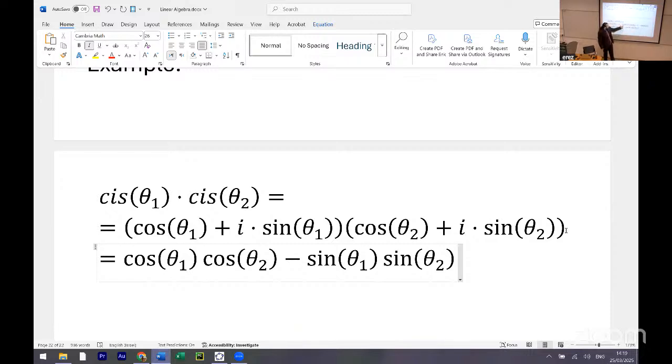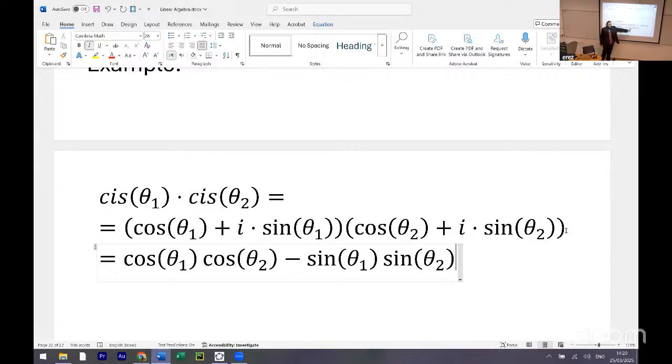It's i sine of theta 1 times i sine of theta 2. i squared is -1, so this is what we are left with. This should remind you of the convoluted multiplication, ac minus bd. Again, we see it again, and now with all its glory. Why? Can anyone recognize this formula?